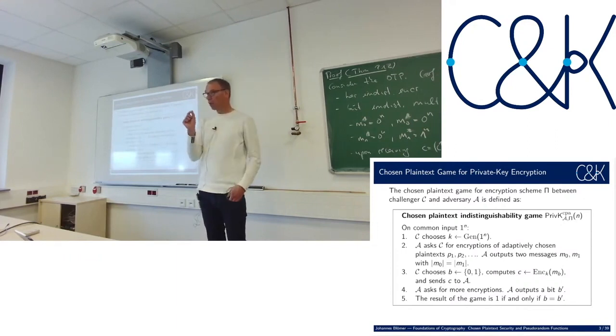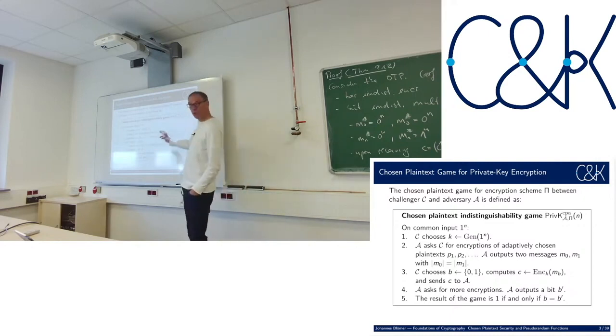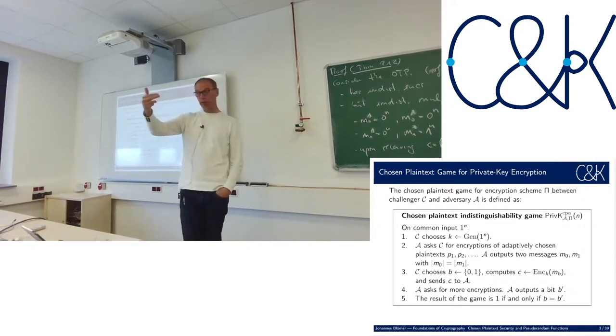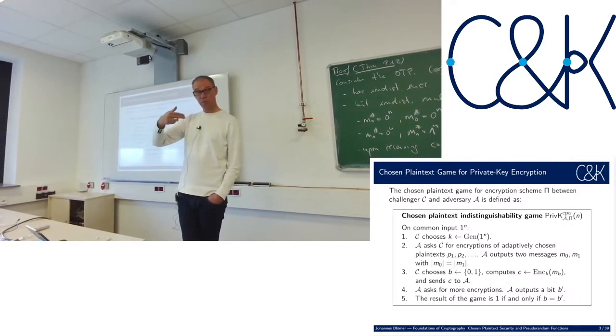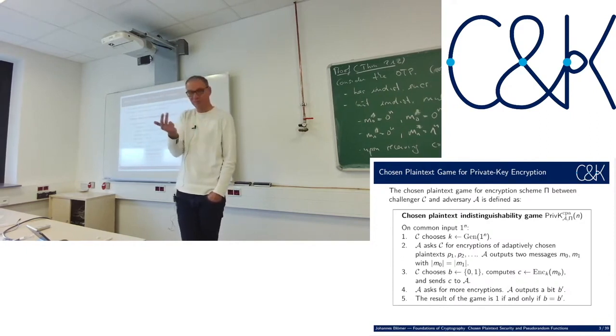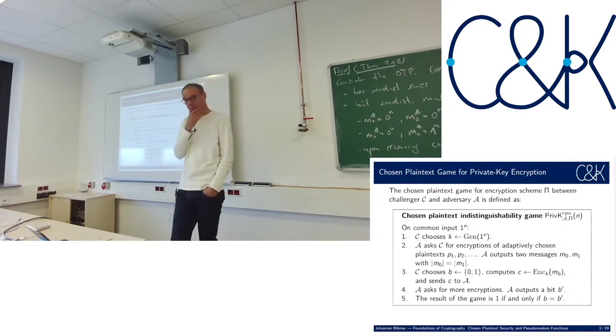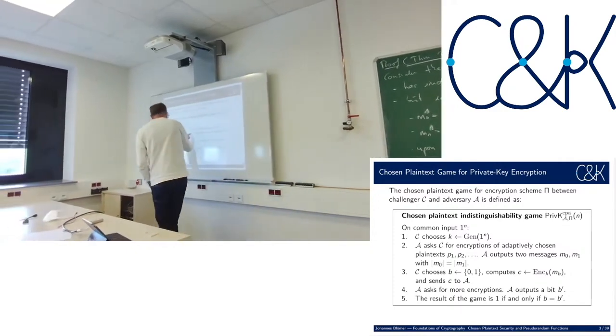But it's still going to be a PPT algorithm at the end, so computing the next plaintext for which he wants to see an encryption must be done in polynomial time. And he can only ask for polynomially many encryptions, because otherwise he needs more than polynomial time. Okay? So he gets all these things.